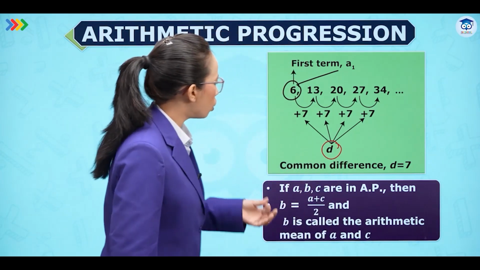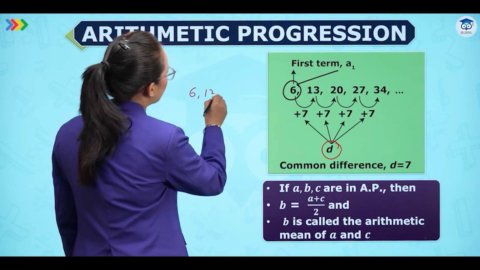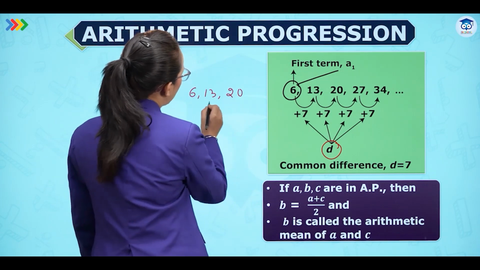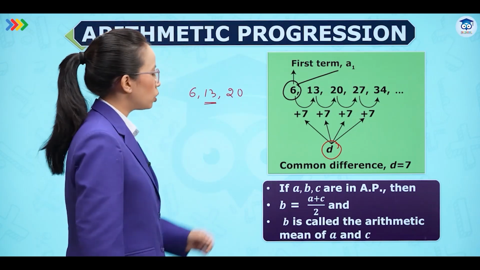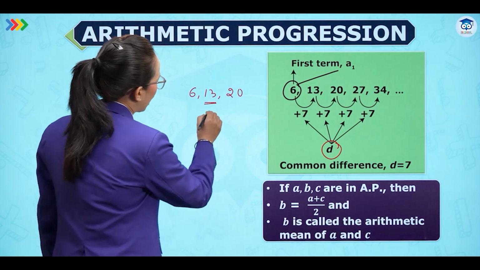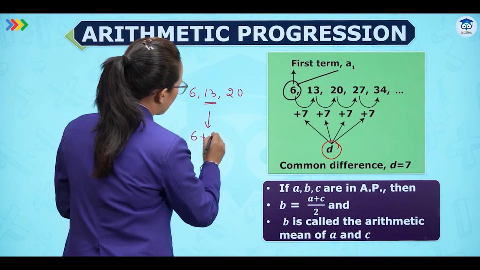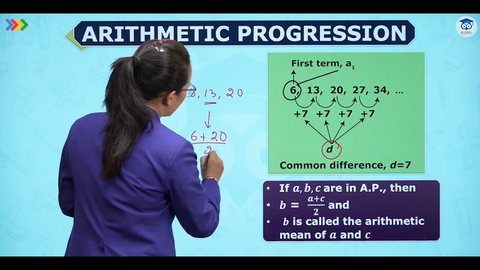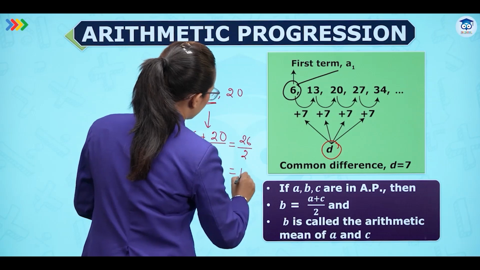Here we can see that if we have 6, 13 and 20, 13 is the middle term in between 6 and 20, right? So we can calculate (6 plus 20) divided by 2 is equal to 26 upon 2, which is equal to 13.